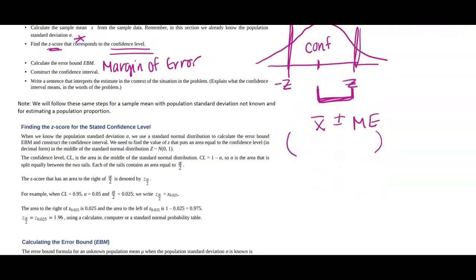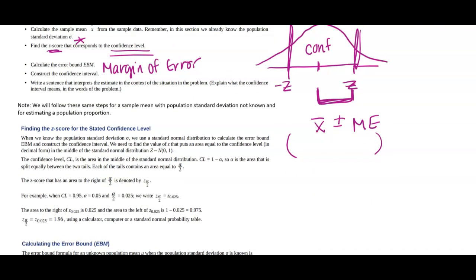Now, one thing that's really important is that your z-score for your confidence level is going to be alpha over 2, where alpha is what's left over outside of your interval. So if I want a 95% confidence interval, then my alpha is 5% or 0.05.